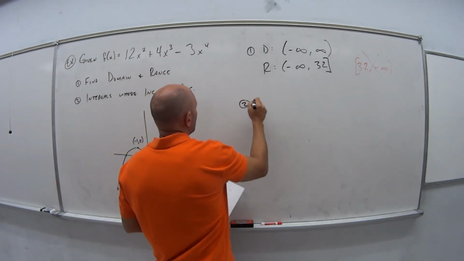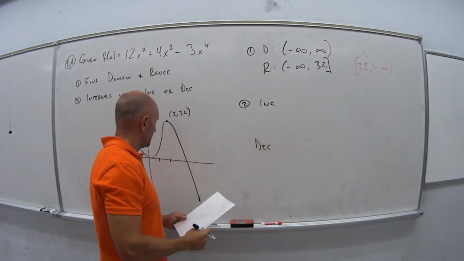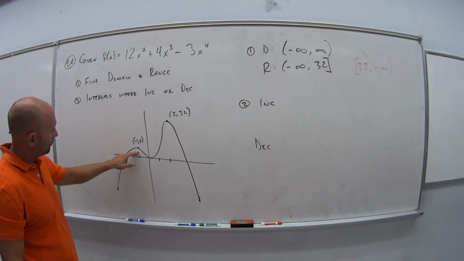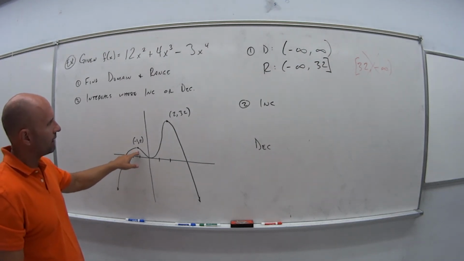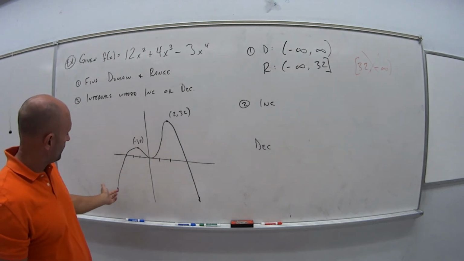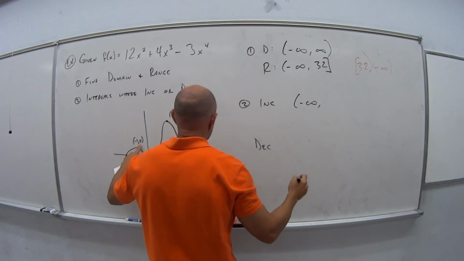Second is where is it increasing and where is it decreasing? Well, it's increasing, coming uphill here from the left until we get to (-1, 5). We're asking what x values am I going uphill? Well, it's everything from -infinity until I hit -1.